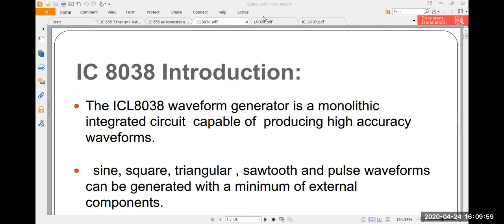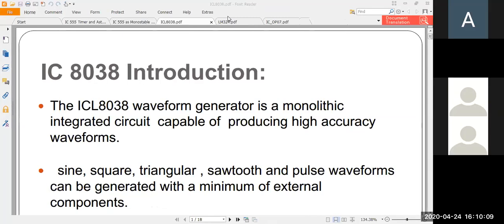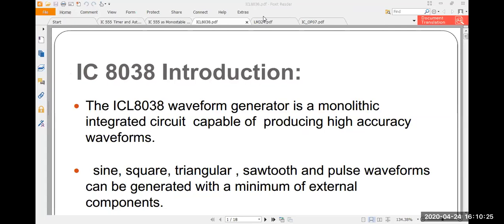I hope you remember this. We have learned it in, I think, unit number 4. So we have learned about how to generate waveforms, but as in this particular unit, it is given as specialized ICs. These ICs will generate waveforms for you. I mean, this particular typical IC, which is 8038.